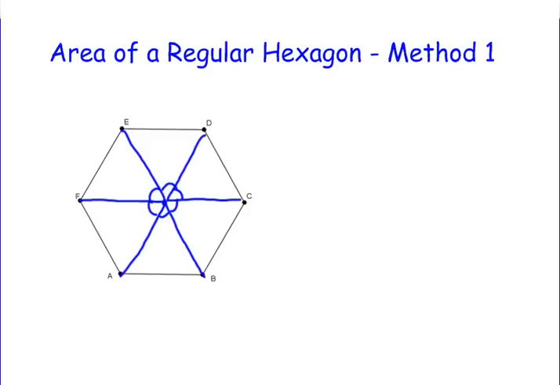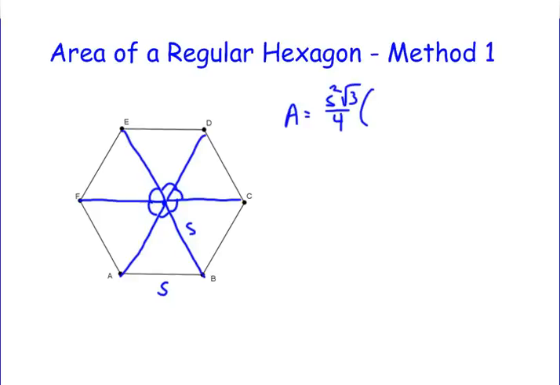That means if you know the side length of a regular hexagon, then you know the side length of the equilateral triangle. And not only that, if you know the radius of a regular hexagon, you know the side length of the equilateral triangle because they're all the same. And if you've learned the formula, and if you haven't, I have another video posted about equilateral triangles, the formula for an equilateral triangle is just side squared root 3 over 4.